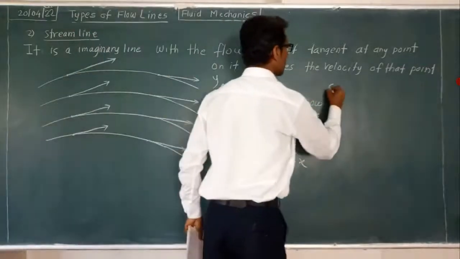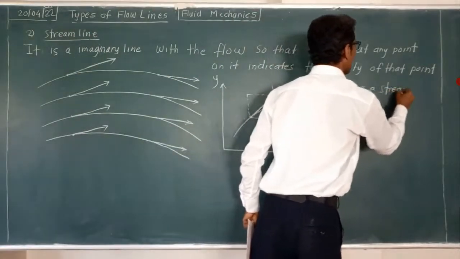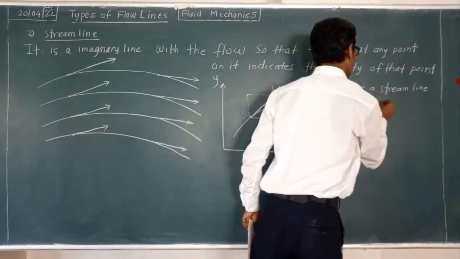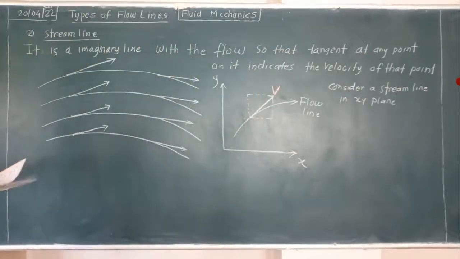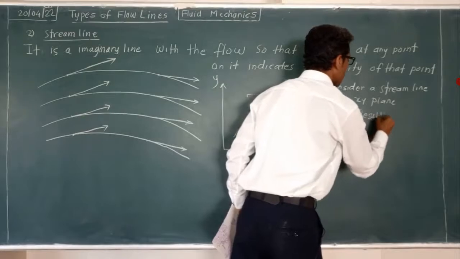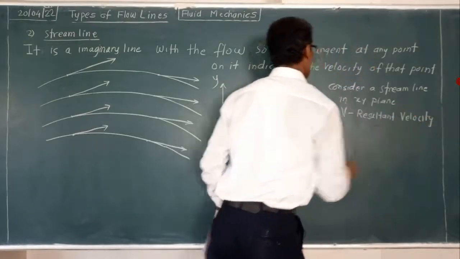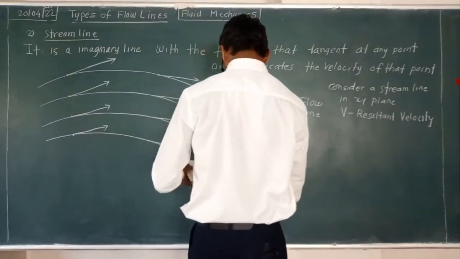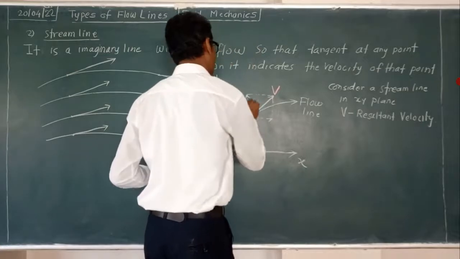So for that purpose, consider a streamline in the xy plane. In that, v is the resultant velocity. Now here we have the x direction. This is one component, this is another component.